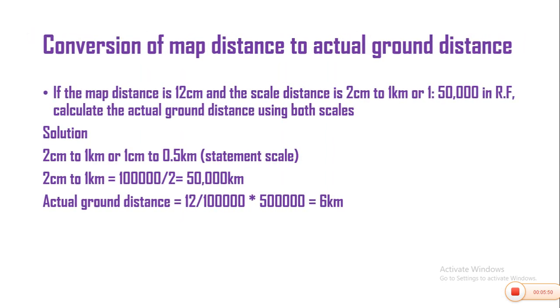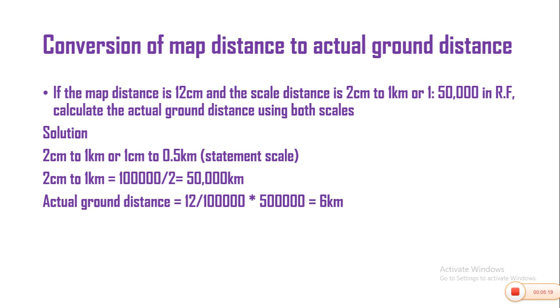Let's take another example. Conversion of map distance to actual ground distance. Question number 2. If the map distance is 12 cm and the scale is 2 cm to 1 km, or 1 is to 50,000 in real fraction, calculate the actual ground distance using both scales. Solution. 2 cm to 1 km or 1 cm to 0.5 km. This is a statement scale.